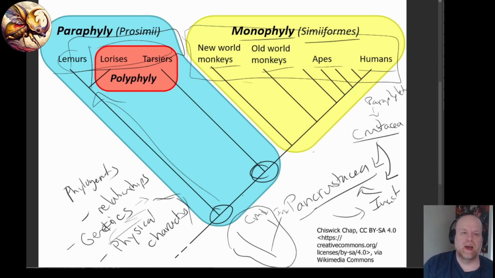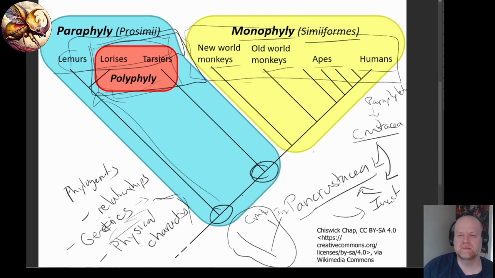More rare is polyphyly, where you have a name that refers to a group of animals that come from two entirely different branches that are not closely related, which is what you see here in red. Generally speaking, in modern phylogenetics, we have tried to do away with polyphyletic group names because it generates a lot of confusion in why things are called the way they are, because the name of a group will not refer to things which are related.